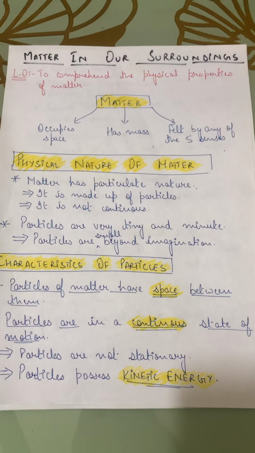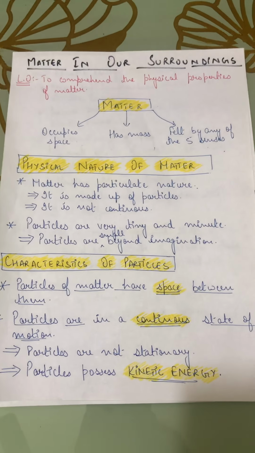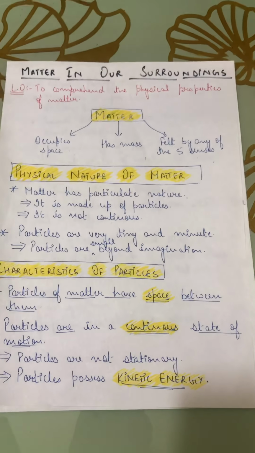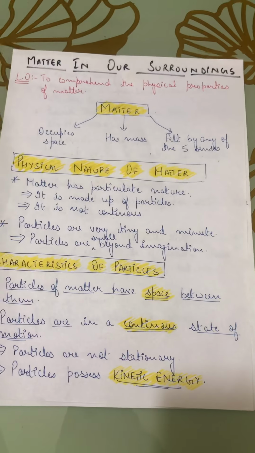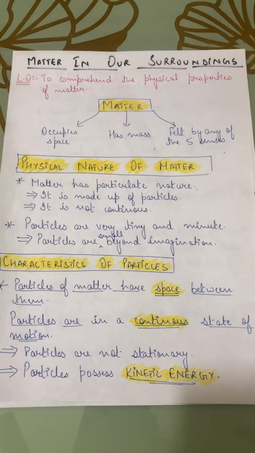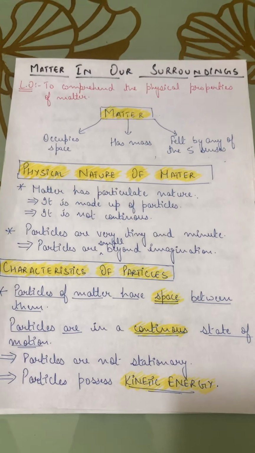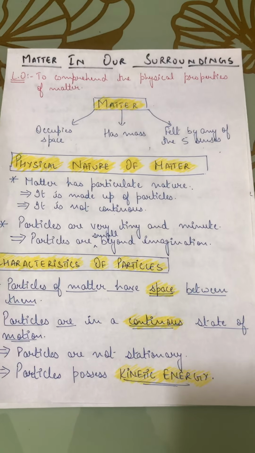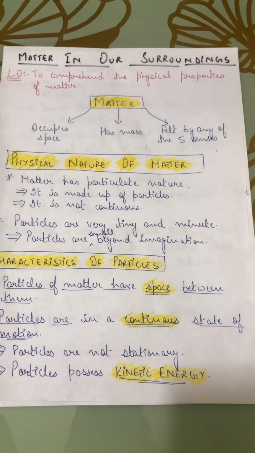What do we mean by this? In the first experiment that we did, when we added salt to a glass of water, we saw that the salt particles mixed themselves with the water particles. Now, how is this intermixing possible?